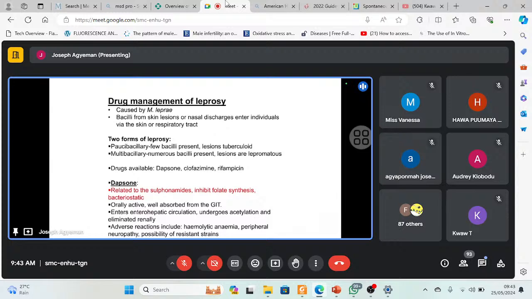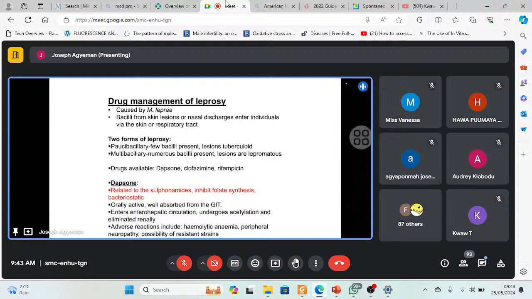It is metabolized via acetylation, and therefore you could have slow acetylators. In these individuals, the drugs may accumulate, especially when you take other medicines or food substances that can even worsen the acetylation process.